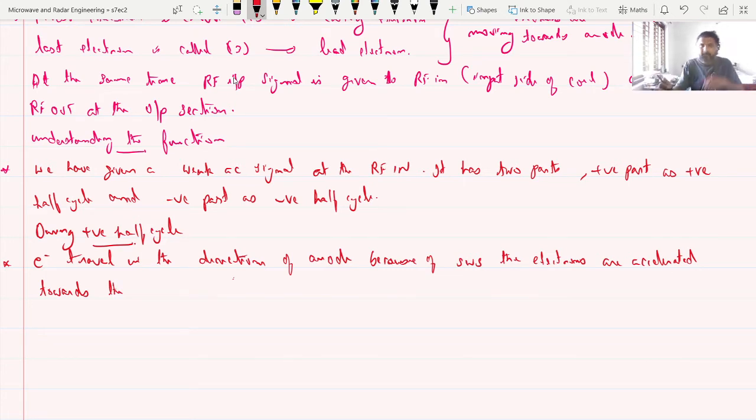The electrons are accelerated towards the anode. Okay, that is electron travel in the direction of the anode.